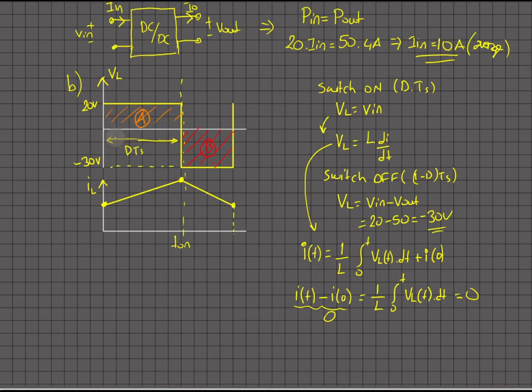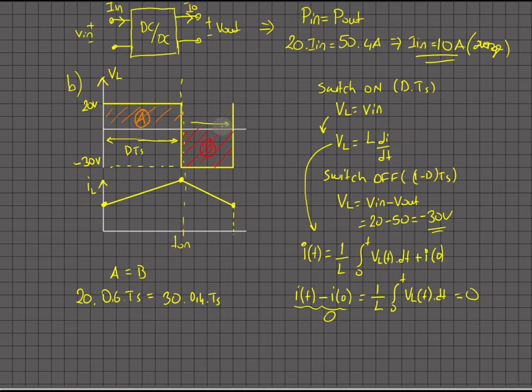You can quickly double check, and that is how we derive the voltage characteristics of the boost converter. So A is equal to B, so that is 20 times 0.6 times TS is equal to 30 times 0.4 times TS.